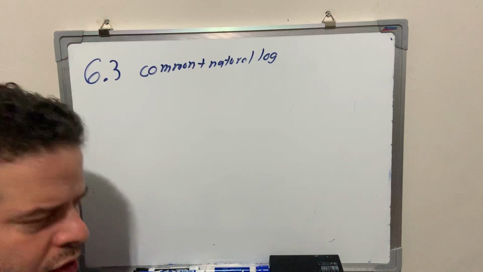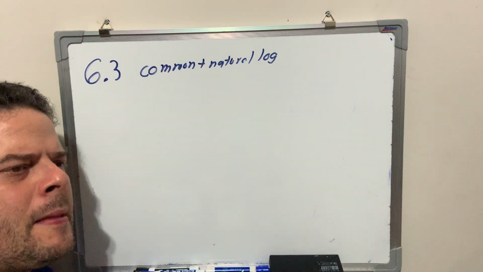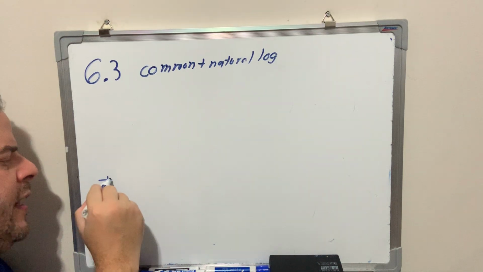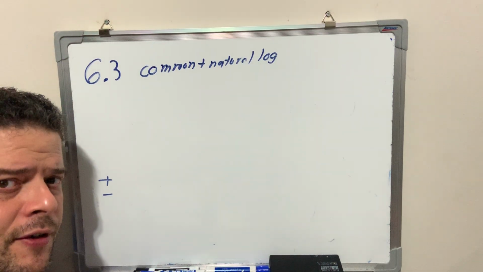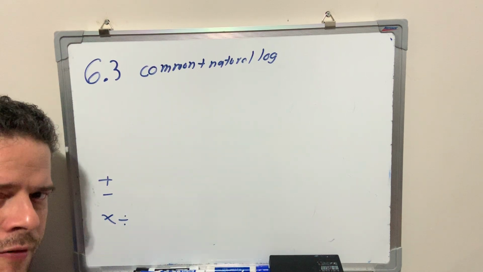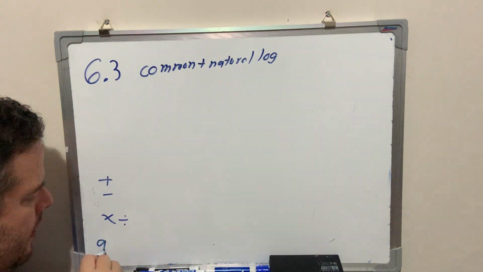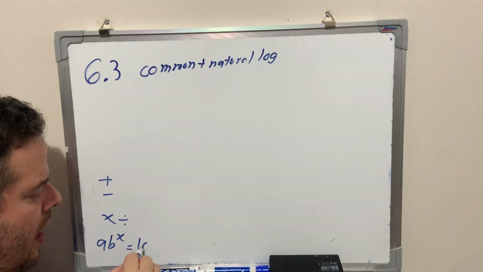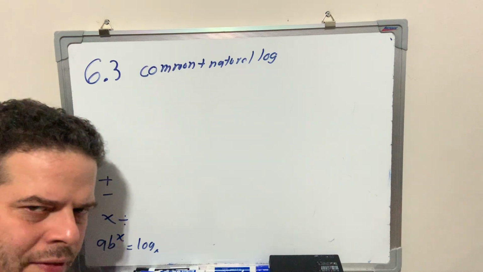Now, in order to use the inverse properties, remember, I mentioned earlier that addition and subtraction are inverse, multiplication and division are inverse, and exponentiation, or exponents and logs, are also inverse.